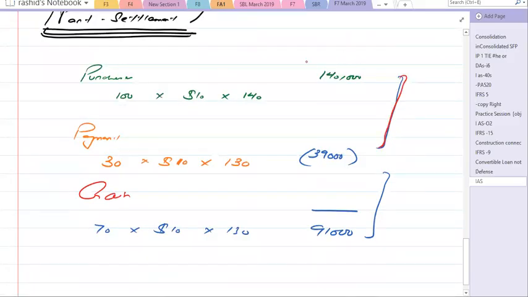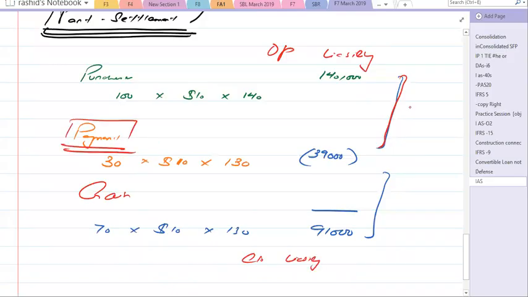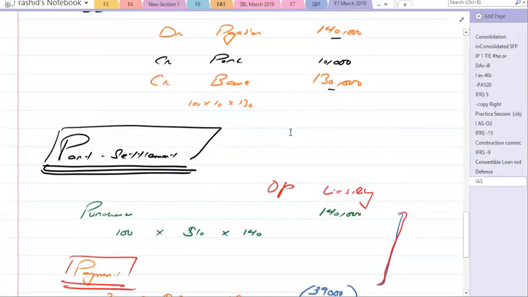This was your opening liability, and this is your closing liability, and this is your payment. So you compare it and it will give you the gain or loss, whatever. So this is when you are doing the part settlement.